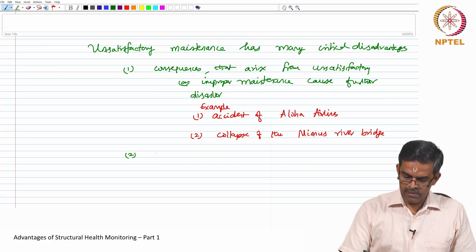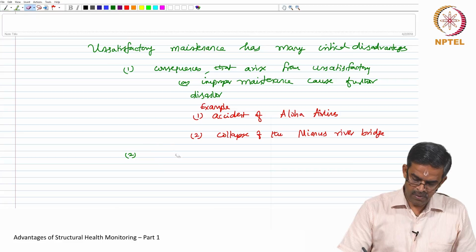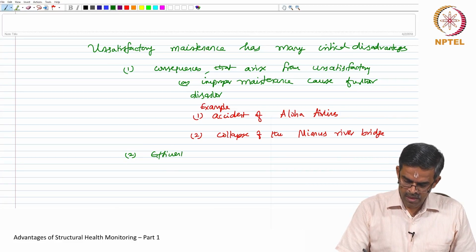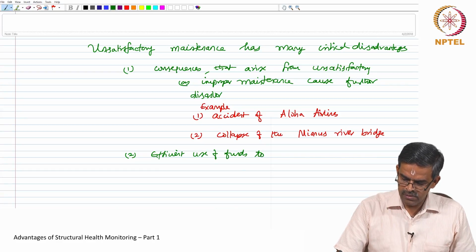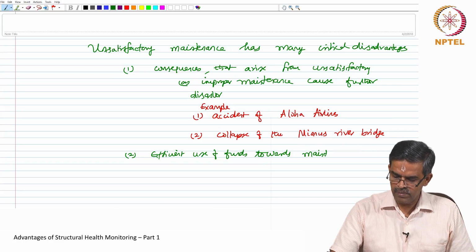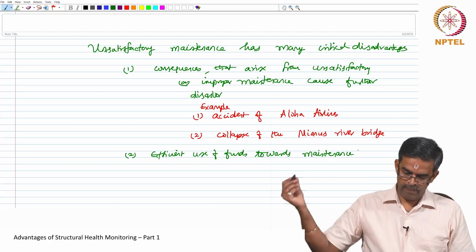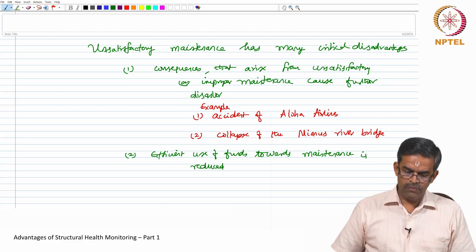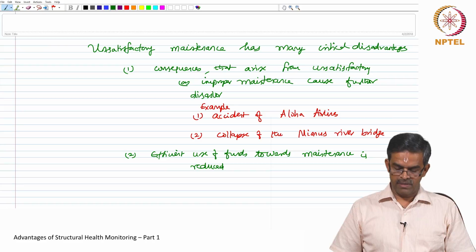The second is that efficient use of funds towards maintenance is reduced if you do unsatisfactory maintenance.